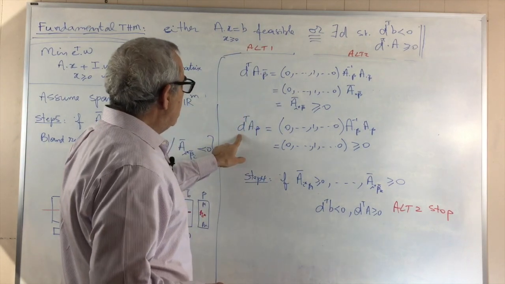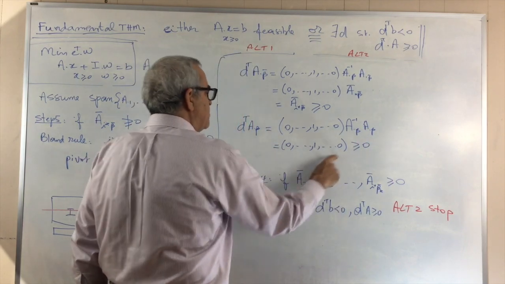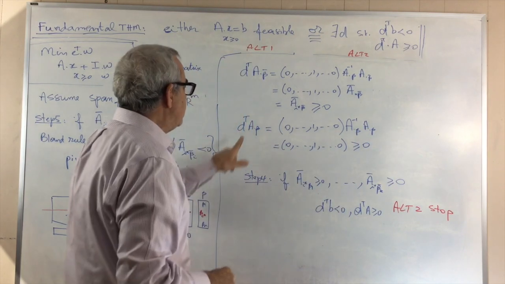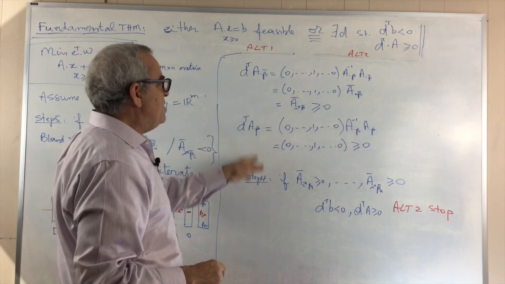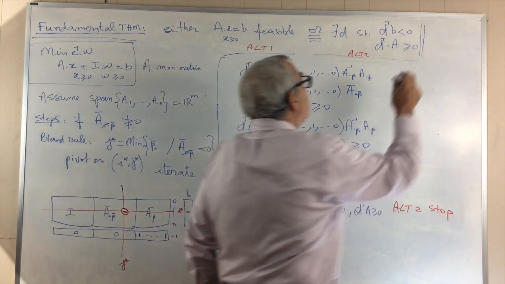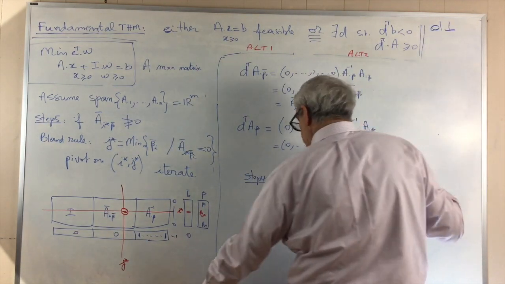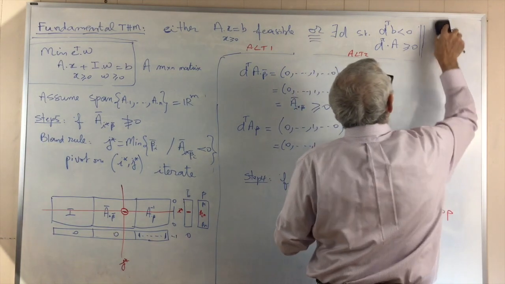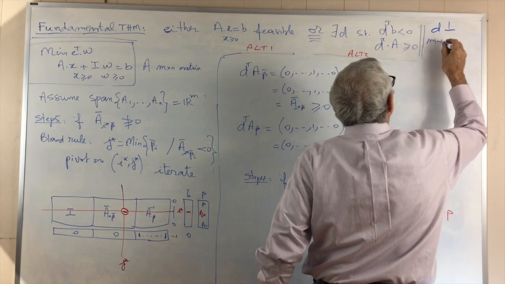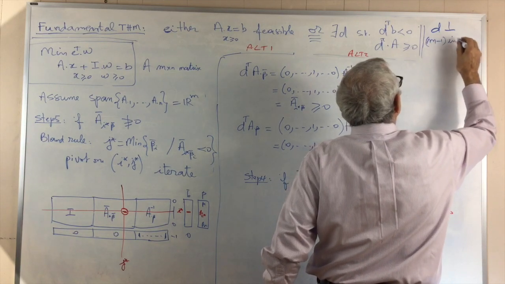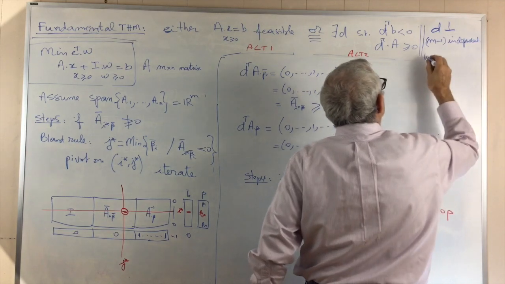But if we choose this specific D, it has m-1 zeros, which means that D is perpendicular to m-1 independent columns of A. So here we're going to write: D is perpendicular to m-1 independent columns of A.